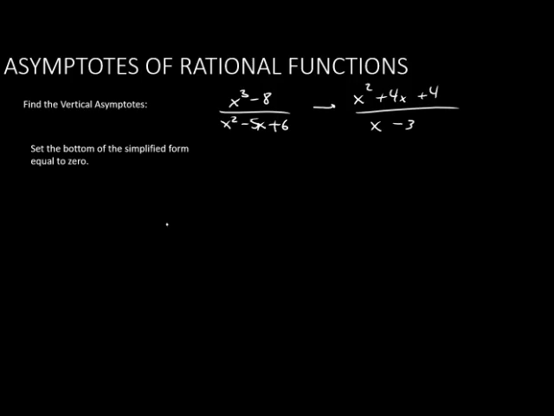So we will not use x squared minus 5x plus 6 for this. We will only need to use x minus 3. We'll say x minus 3 equals 0, and then we'll add 3 to both sides. When we add 3 to both sides, we'll end up with x equals 3. This will be our vertical asymptote for the rational function. Bearing in mind that we already found a hole where x was equal to 2.